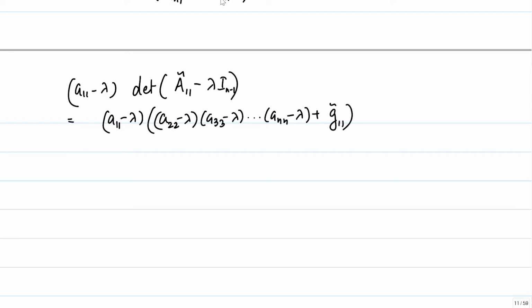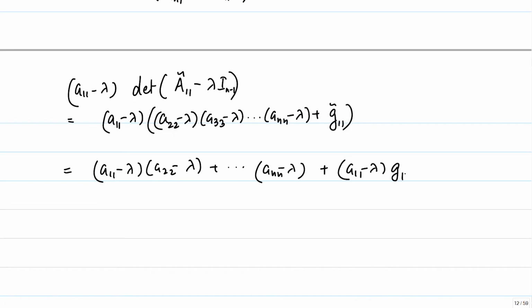Well, this is equal to (A11 minus lambda)(A22 minus lambda) up to (Ann minus lambda) plus (A11 minus lambda) into G11 tilde. Okay, what was G11 tilde? G11 tilde was some polynomial in P n minus 3 of R, so it's a polynomial in lambda of degree less than or equal to n minus 3.